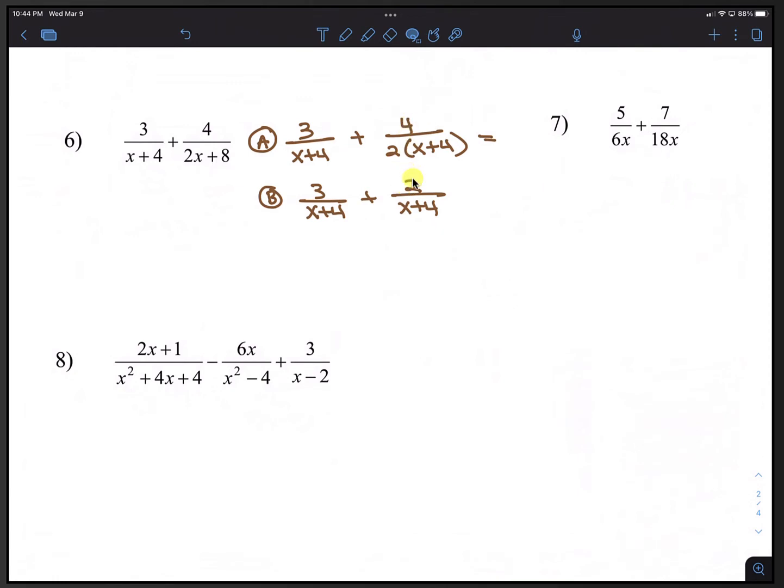So that just leaves you with the 2 on the top, and the 2 on the bottom is gone. All right, and then that gives us a common denominator already, so now we can just add the two numerators together, and that's going to give us 5 over x plus 4. Final answer.